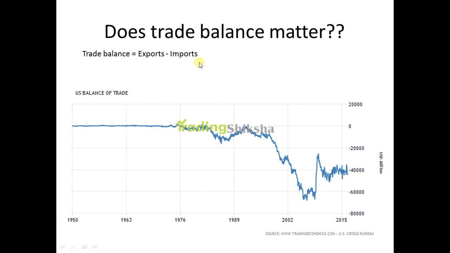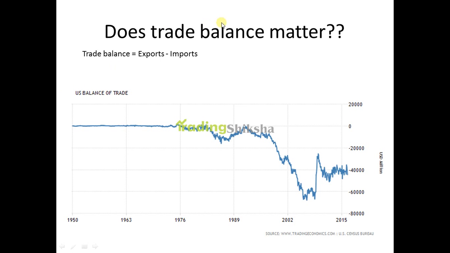This can be seen from the chart. Trade balance is the difference between export and import. Trade balance is equal to value of export minus value of import. So if a country has a negative trade balance, it means that it has higher imports compared to the amount of exports.